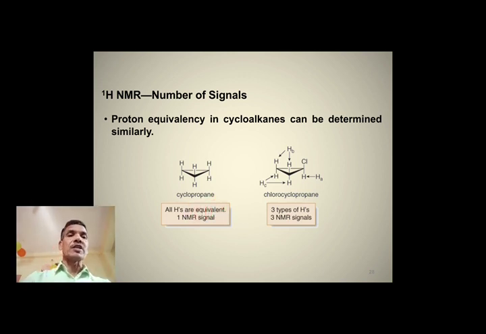signal in NMR spectrum. But in another example, that is chlorocyclopropane, one hydrogen atom is replaced by chlorine.